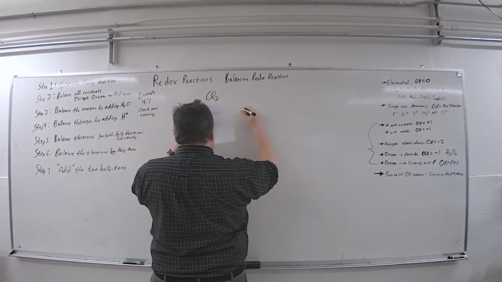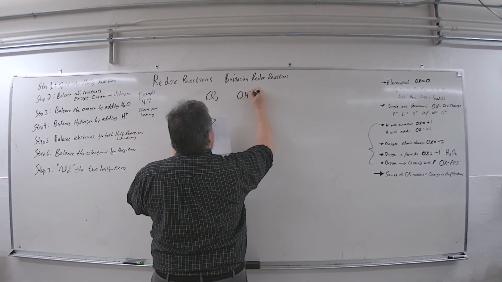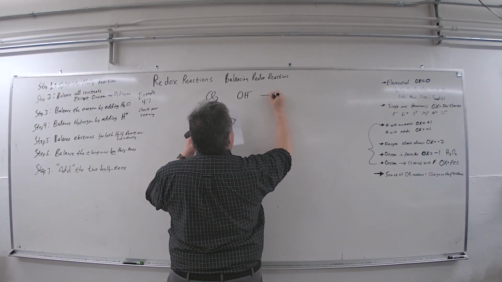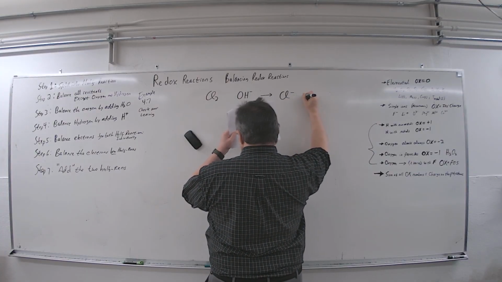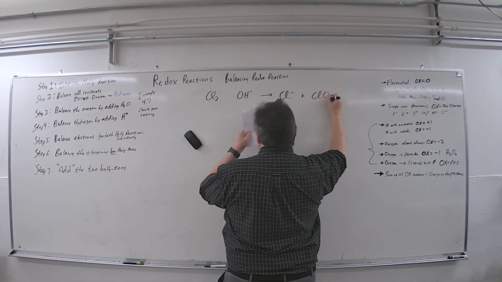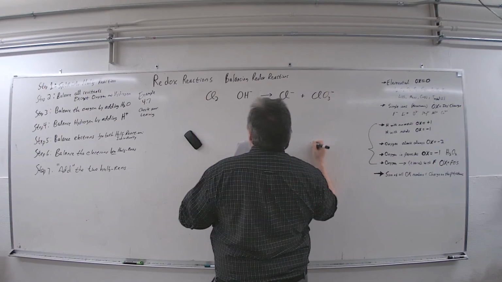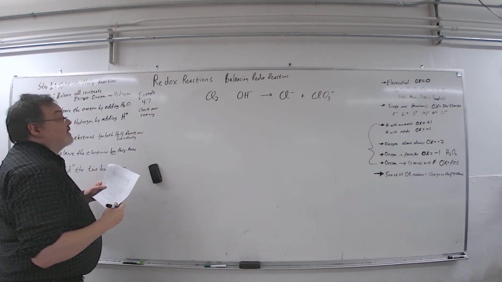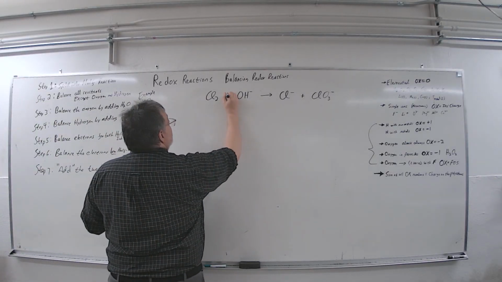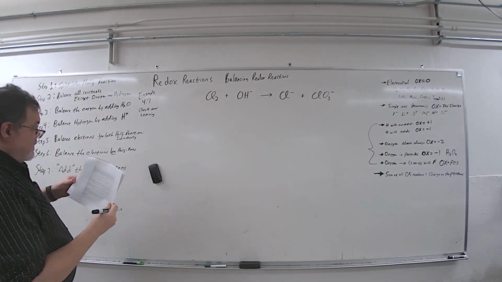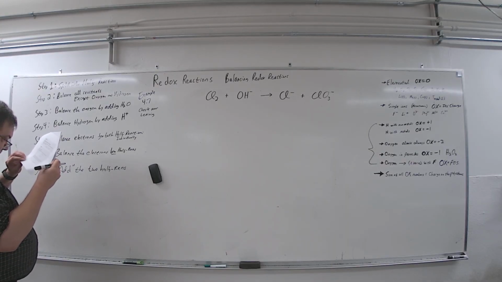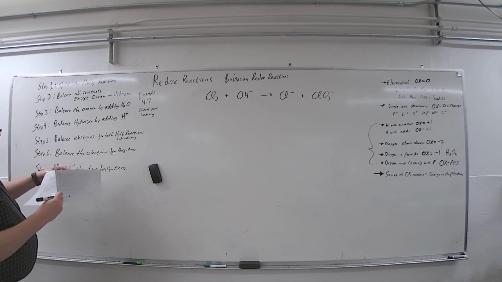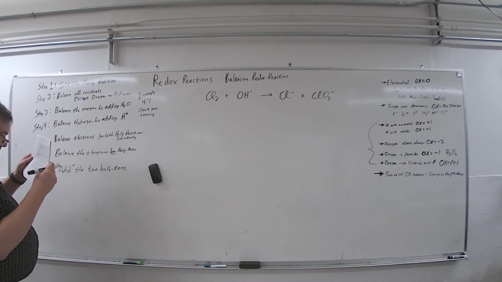Cl2 reacts with OH minus to yield Cl minus and ClO3 minus.